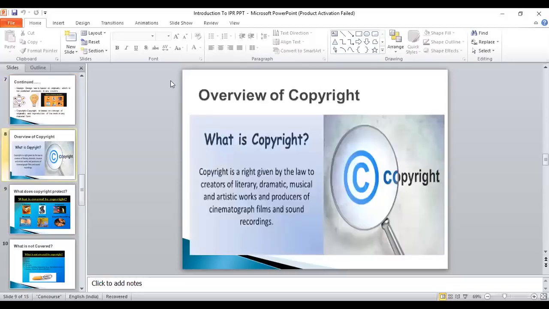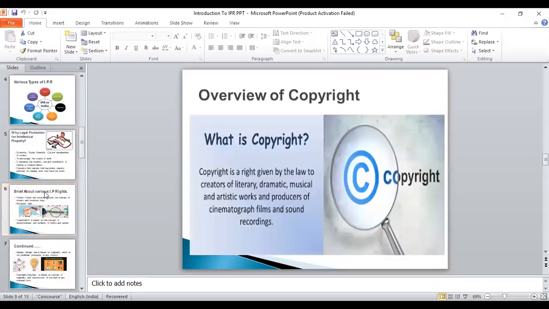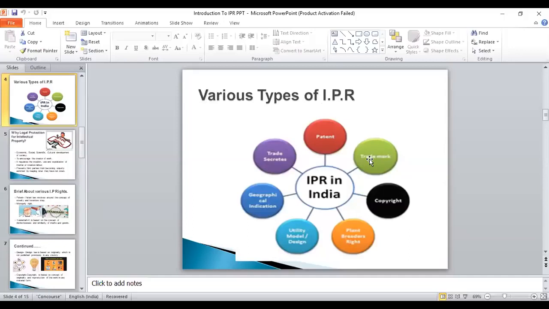Now moving ahead, what is a geographical indication, what is GI? GI means geographical indication. Basically, it is a sign that is used on products that have a specific geographical origin, and it has some reputation due to its origin.